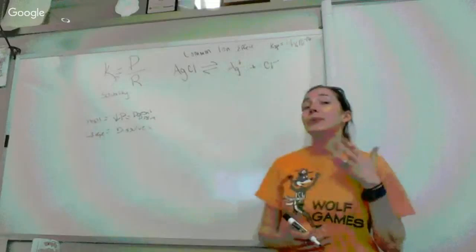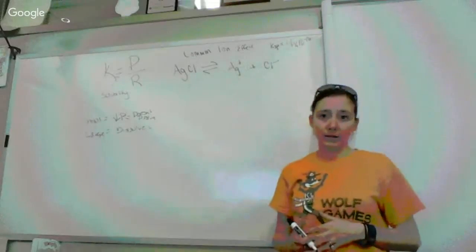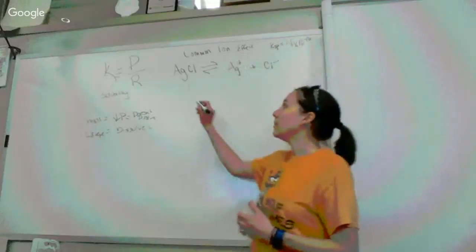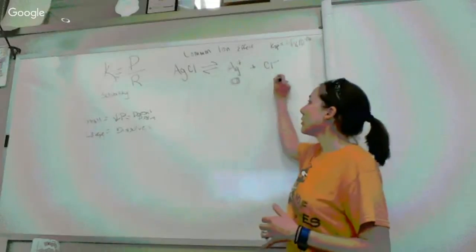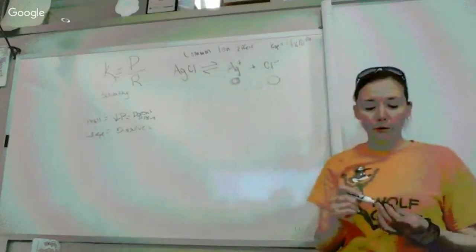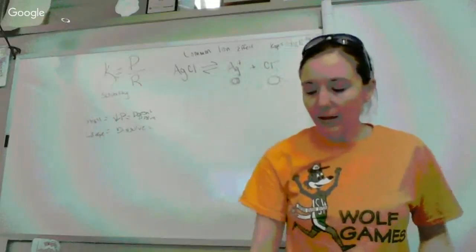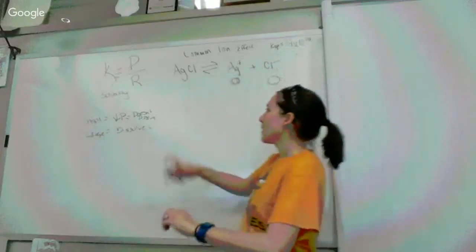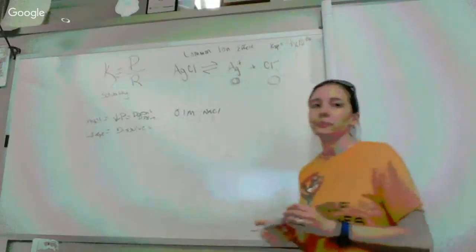So let's say I put AgCl into a solution that already had one of those ions in it. Typically, you start your initial values with 0 because you have none of your substance in there. But let's say instead I put it in a 0.1 molar solution of NaCl.